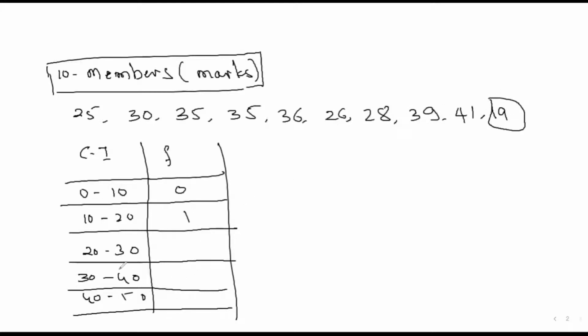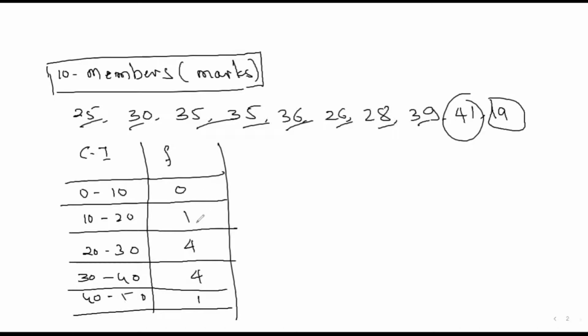Then 20 to 30, 4 members. 30 to 40, 4 members here also. Then 40 to 50, only 1 member.